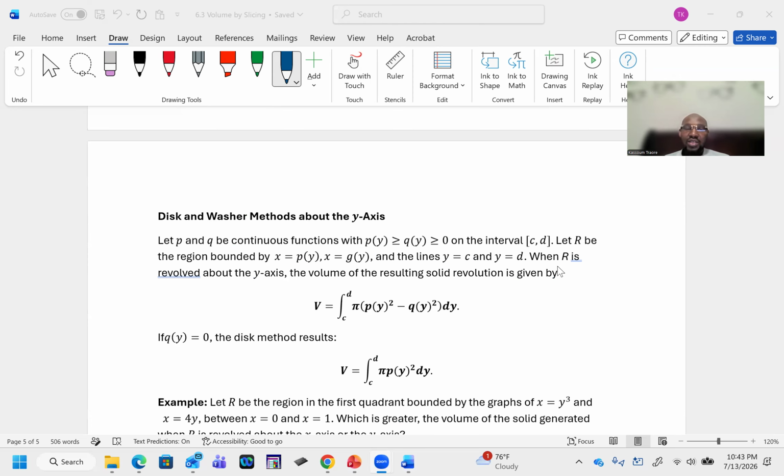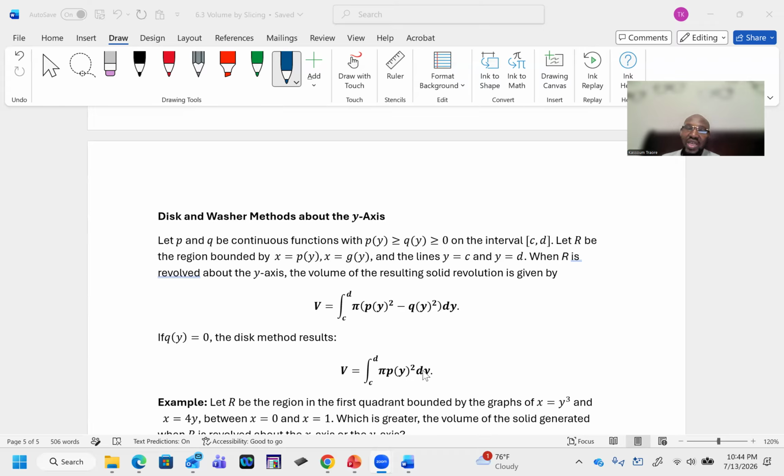When R is revolved about the y-axis, the volume of the resulting solid of revolution is given by V equals the integral from c to d of pi times (p(y) squared minus q(y) squared) dy. If q(y) is equal to 0, the disk method result is V equals the integral from c to d of pi p(y) squared dy.